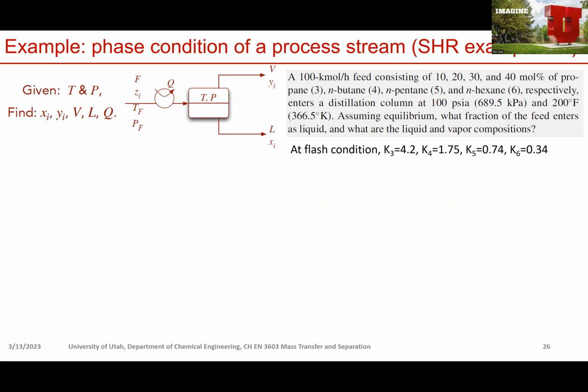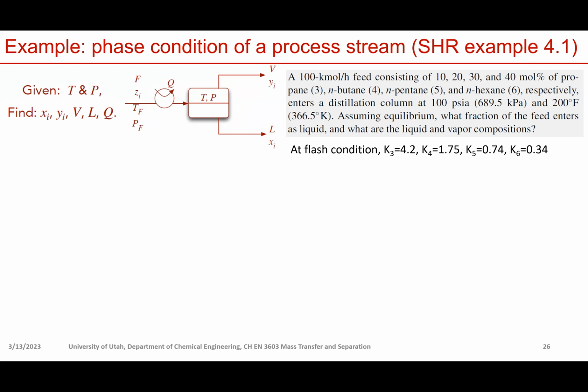So here, we have this flash process, and we feed it with 100 moles per hour of feed consisting of 10, 20, 30, and 40% of propane, butane, pentane, and hexane, respectively.